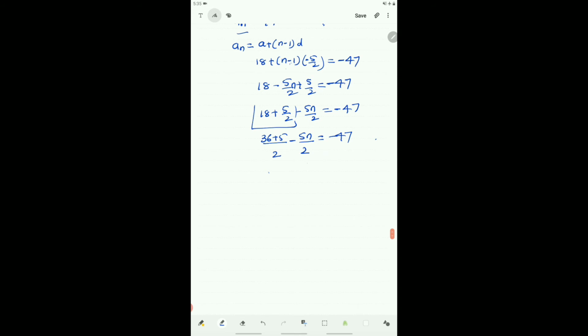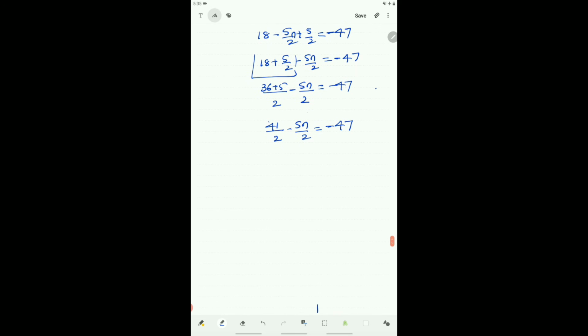Then 36 plus 5 is 41 by 2 minus 5n by 2 = minus 47. Here 2 you can take like this way: 41 minus 5n = 2 into 47 is 94, minus 94.